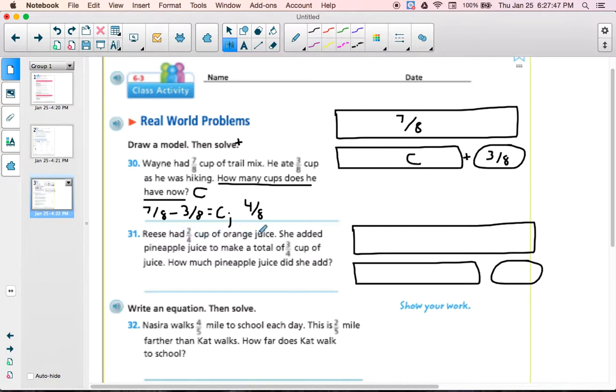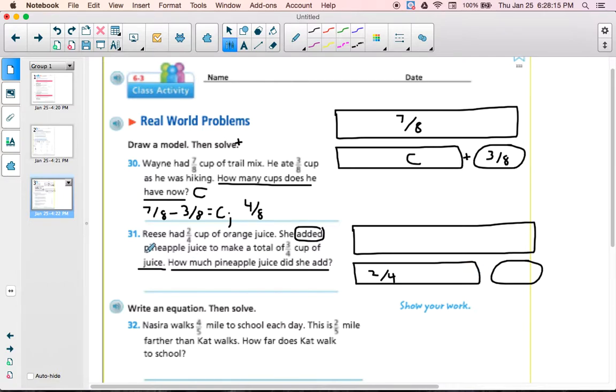Reese had 2/4 cup of orange juice. She added pineapple juice to make a total of 3/4 cup of juice. Here's a question. How much pineapple juice did she add? There's a keyword added, okay? So she had 2/4 cup of orange juice.